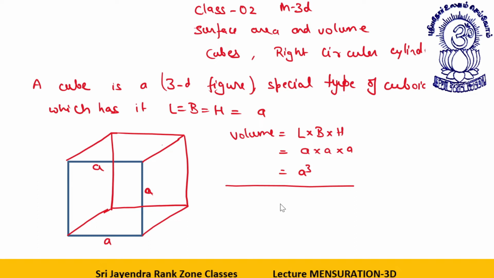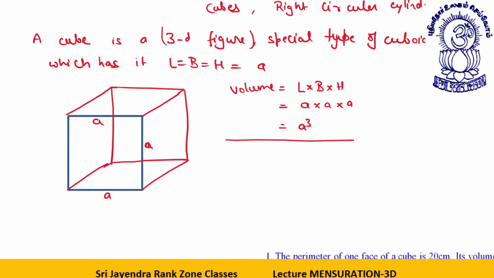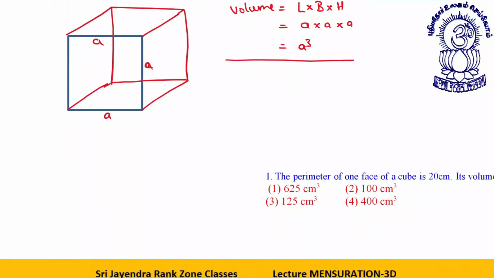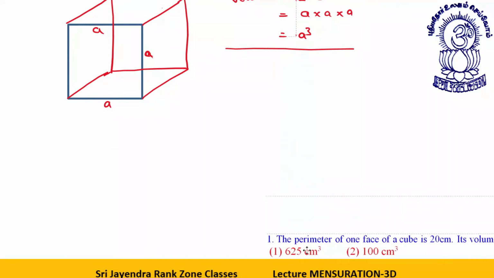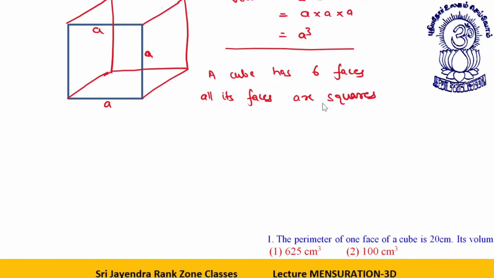Volume is done. Now let's talk about the surface area of a cube. A cube has six faces. All its faces are squares.